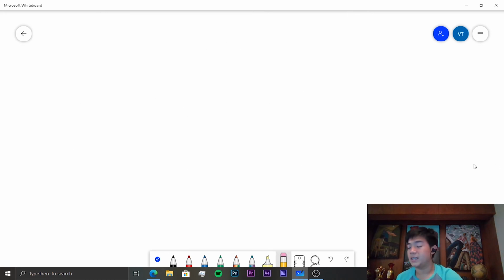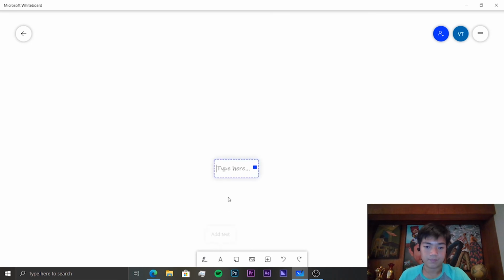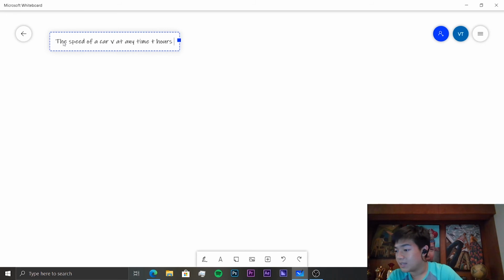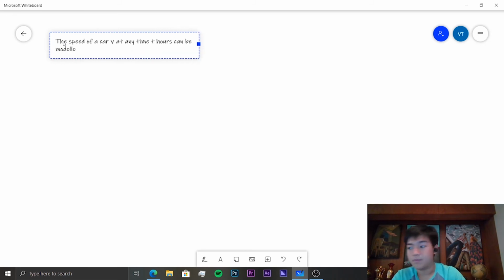Okay, next question is the final question. So we have a long question. The speed of a car v at any time t hours can be modeled by the function v of t is equal to 40 plus 3t plus t squared.